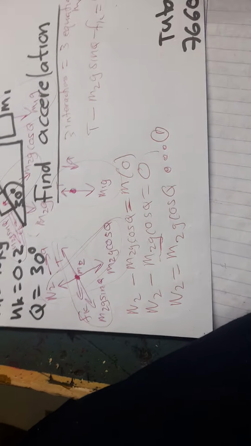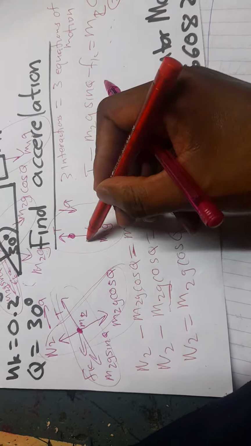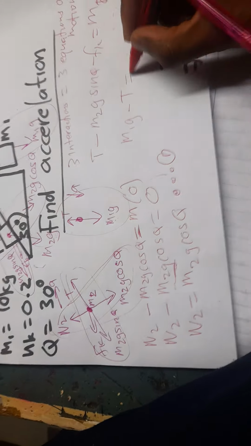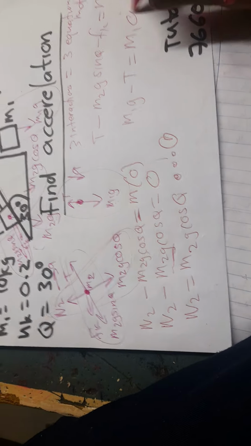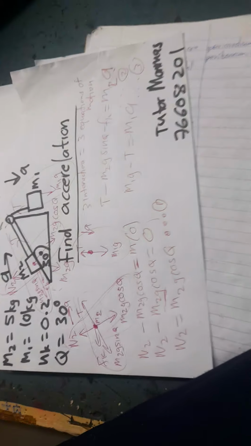So that's equation number 2. Equation number 3 is going to be this equation. It means this one is greater, that's why the system is pulling it down. So m1g minus T, at m1 they are going to have the acceleration. So this is equation number 3. So you have 3 equations for 3 interactions.